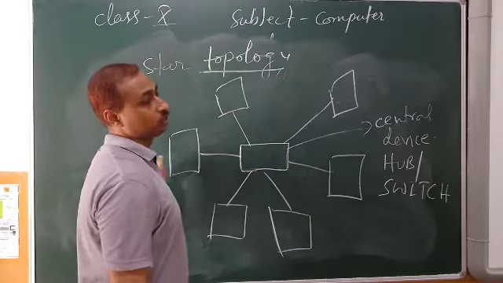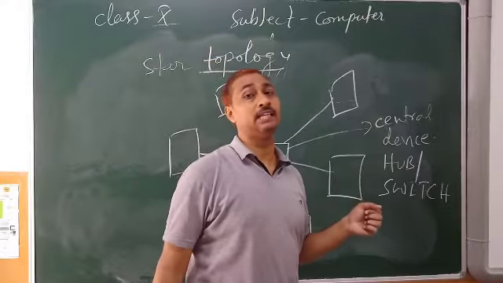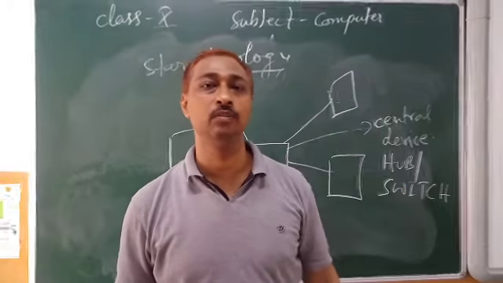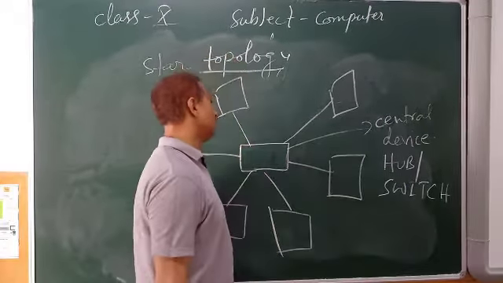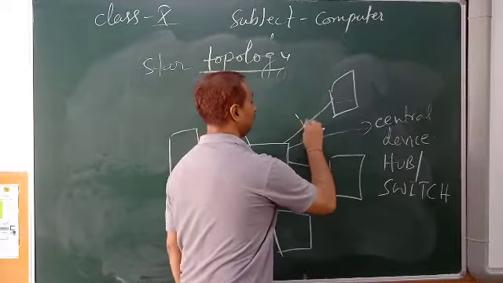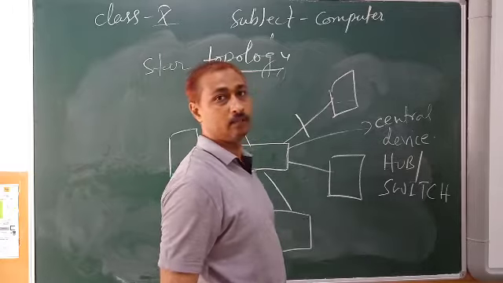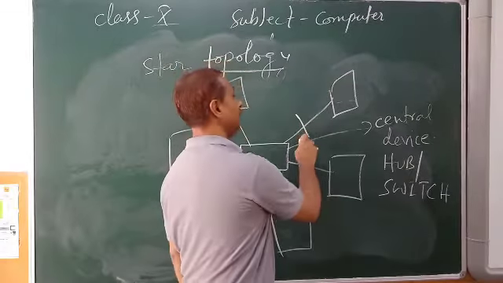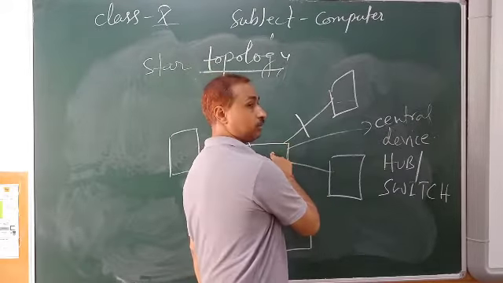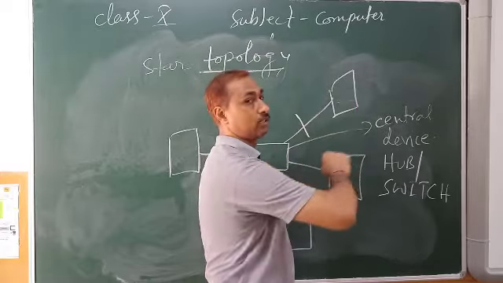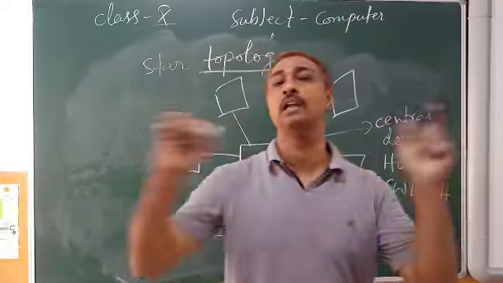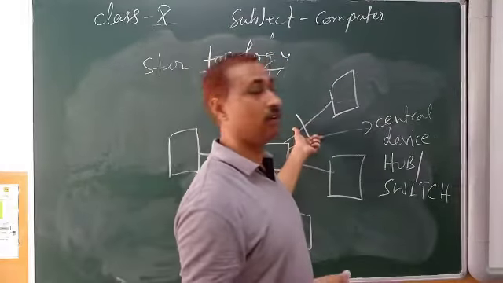Because in bus topology, with any breakage of a cable or any device, the whole network would suffer. But here in star topology, if a cable gets damaged, what we have to do is remove that cable from the central device. That computer will be removed from the network, and the whole network will be unaffected by the damaged cable.